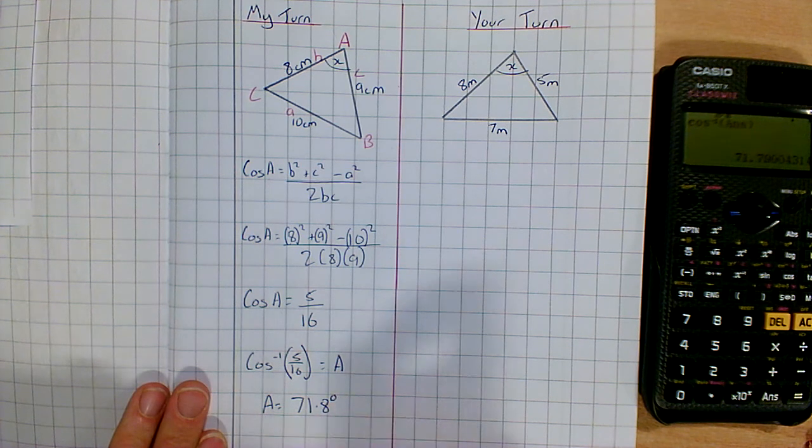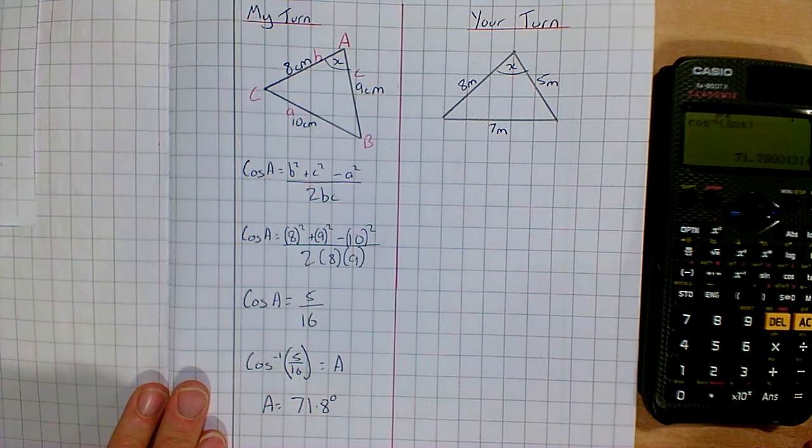It's degrees, isn't it, because it's an angle. Okay, and that's the cosine rule for how to find a missing angle.